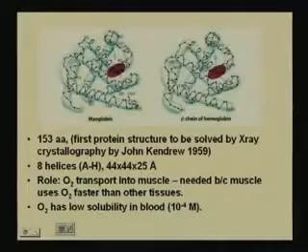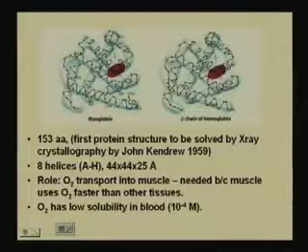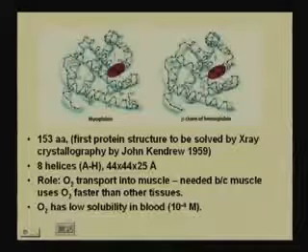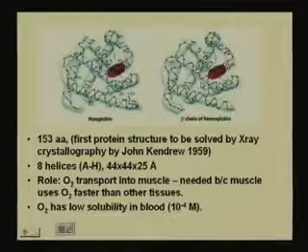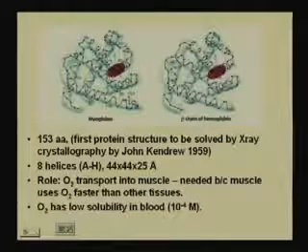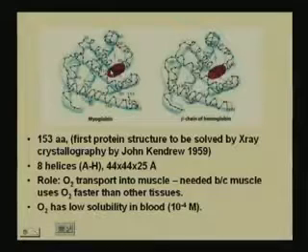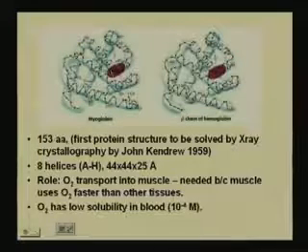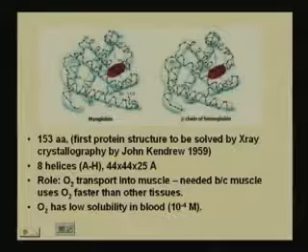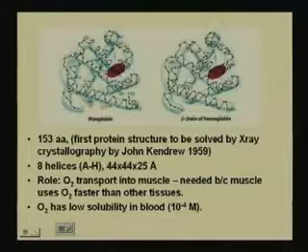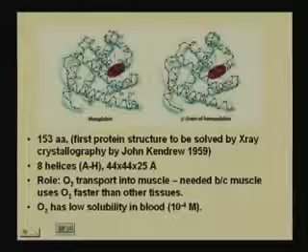Now if we look at what I've got on the right hand side, this is the beta chain of hemoglobin, just the beta chain. You see how similar it is in structure to the myoglobin polypeptide chain. But the difference between myoglobin and hemoglobin is that myoglobin is a monomeric protein, whereas hemoglobin is a tetrameric protein.